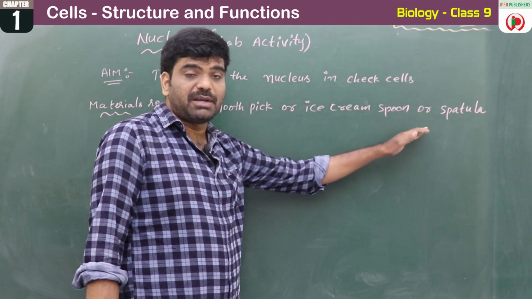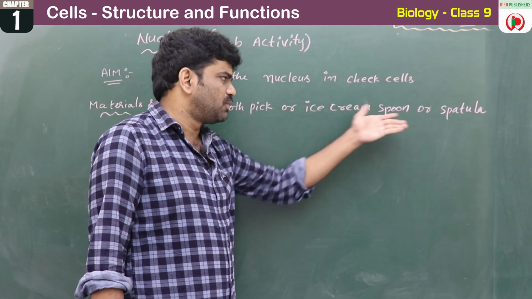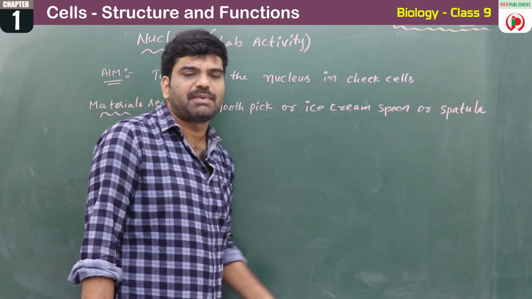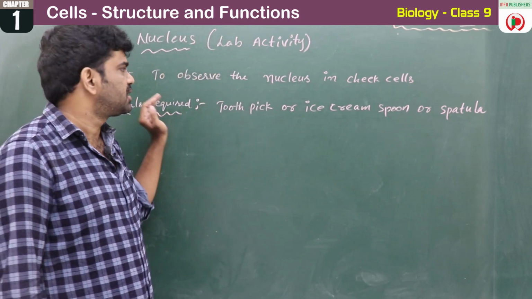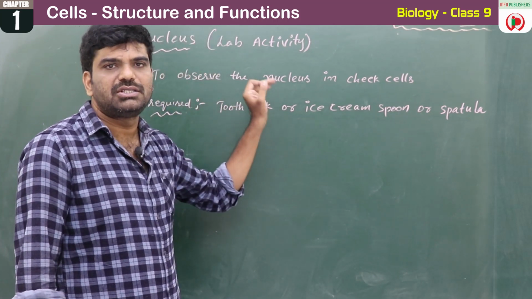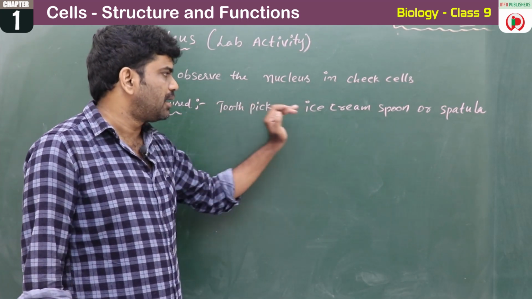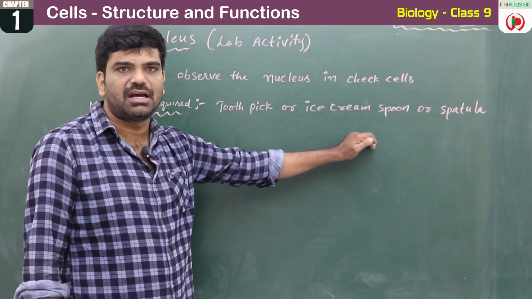Spatula is a type like ice cream spoon only. This is a laboratory one, so you can go for the spatula also. So the aim is to observe the nucleus in cheek cells, and the materials required are toothpick, ice cream spoon or spatula.